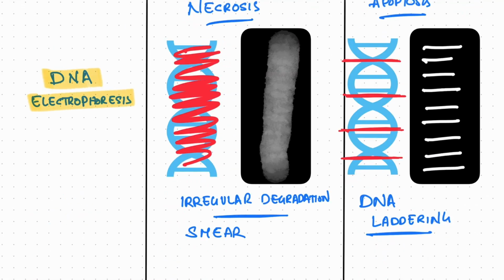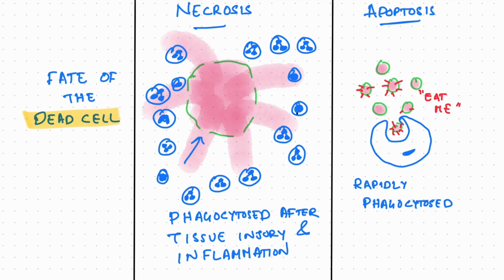DNA electrophoresis shows a smear-like pattern because of irregular degradation in necrosis, while in apoptosis a DNA laddering pattern is seen. The dead cell is cleared by phagocytosis after tissue injury and inflammation in necrosis, while the apoptotic bodies are rapidly phagocytosed in apoptosis.